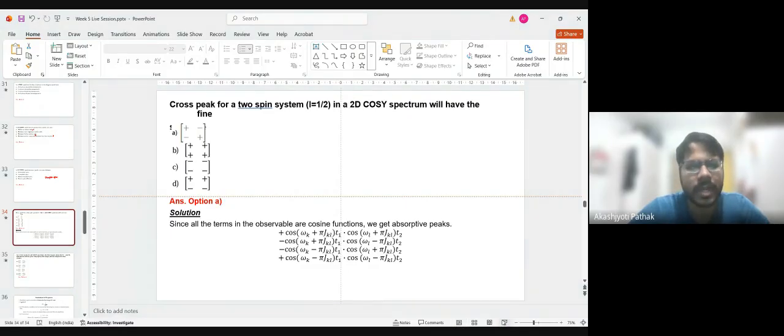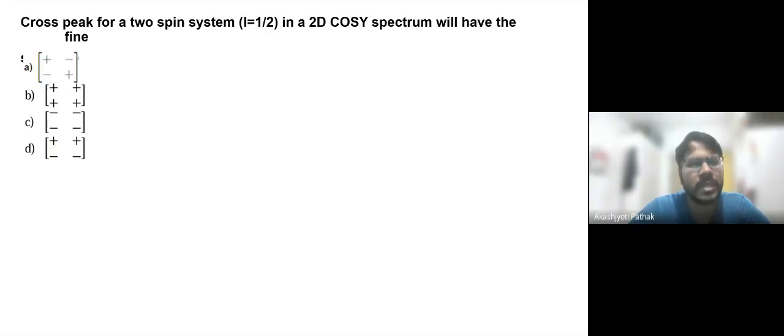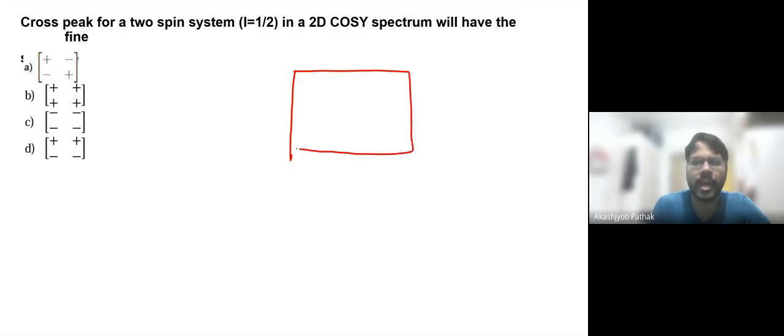So we can solve this, right? Cross peaks for a two spin system in a 2D COSY spectrum. So just now we saw that, right? Your 2D COSY spectrum will have what? It will have diagonal peaks and cross peaks. Your diagonal peaks are having this type of signal, right?